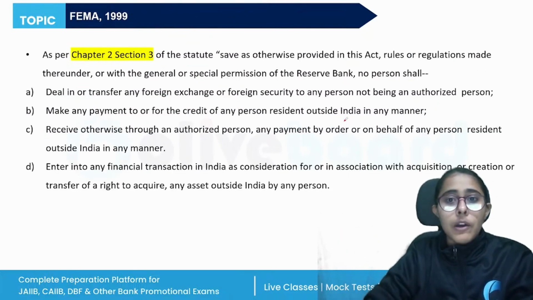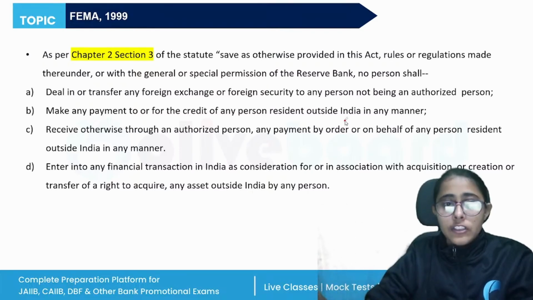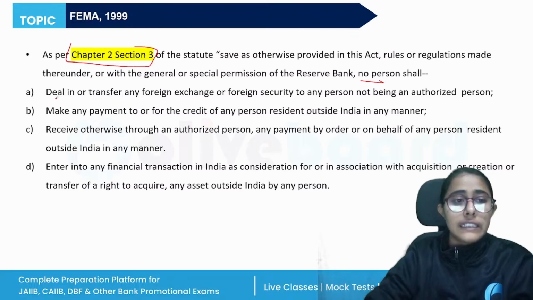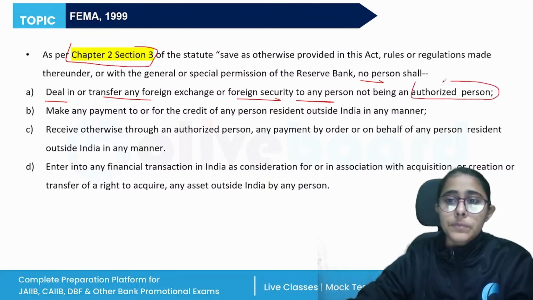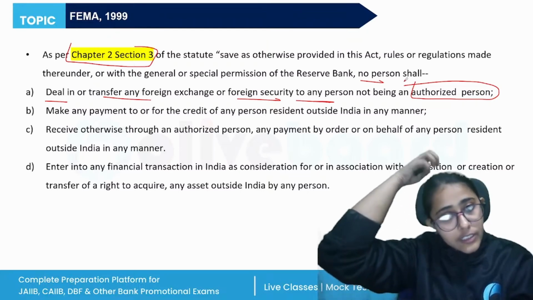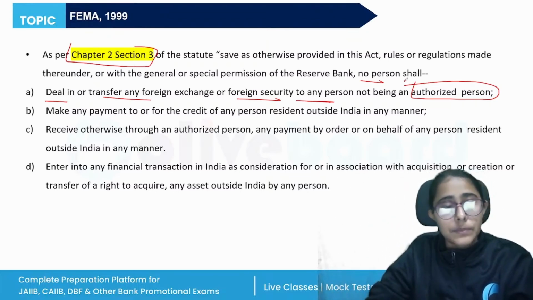Then if we talk about the regulation and management, given in chapter 2 section 3, it says that no person shall deal in or transfer any foreign exchange or foreign security to any person not being an authorized person. All right, so dealing or transfer of foreign exchange can happen only through the authorized person.